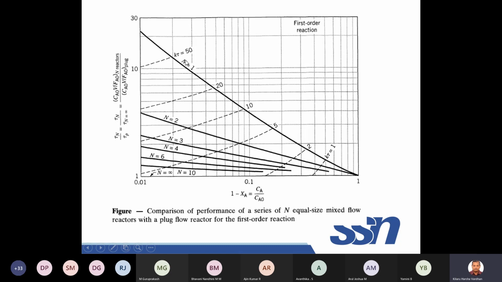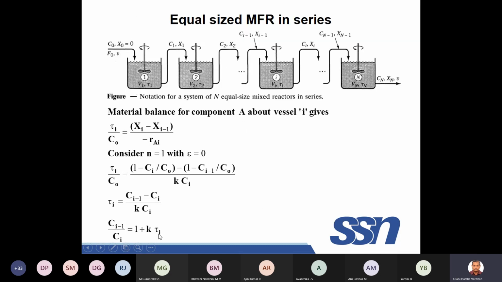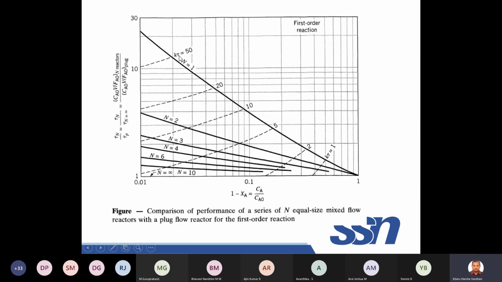Again, here I am showing you k tau. Why k tau? k tau is nothing but the Damköhler number for a first order reaction. As you increase the Damköhler number, you know that your conversion is going to increase. Earlier itself I told you, this k tau plays a very important role. So you are drawing k tau: this is for 50, this is for 20, this is for 10.